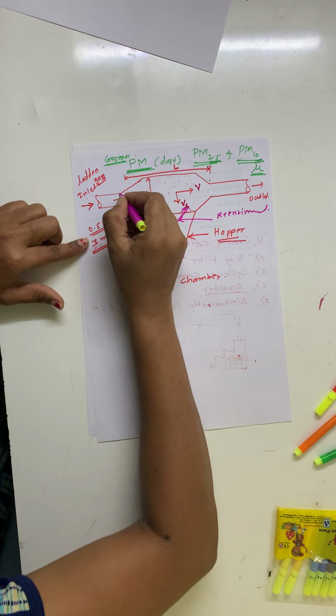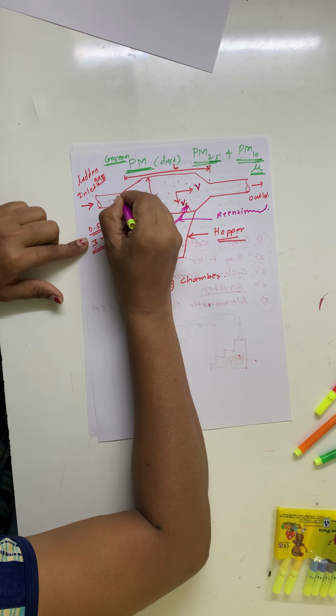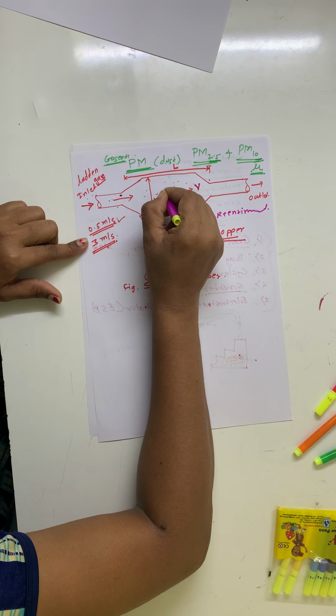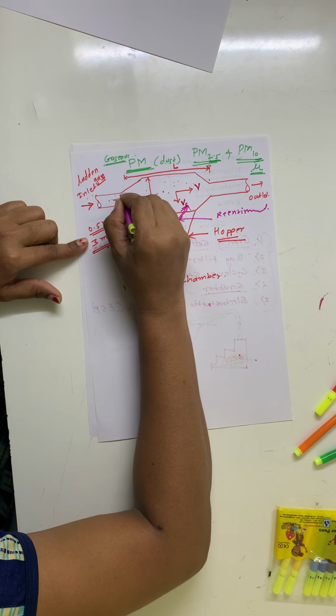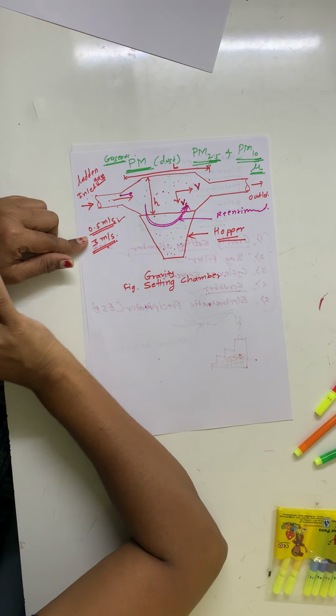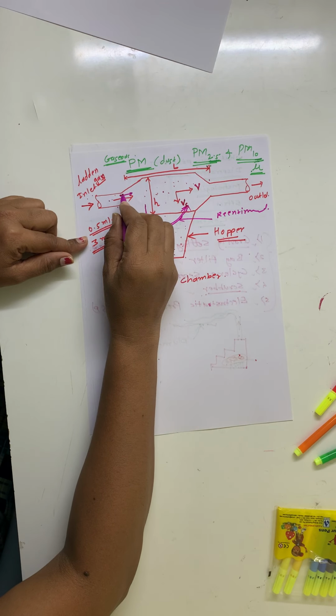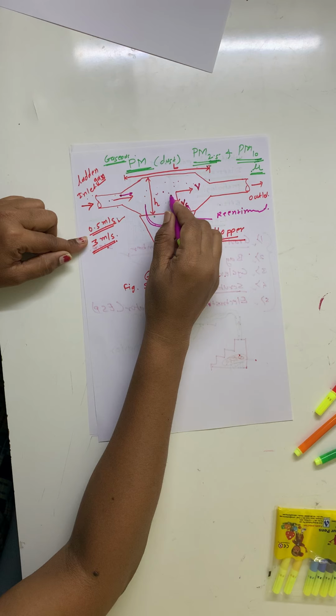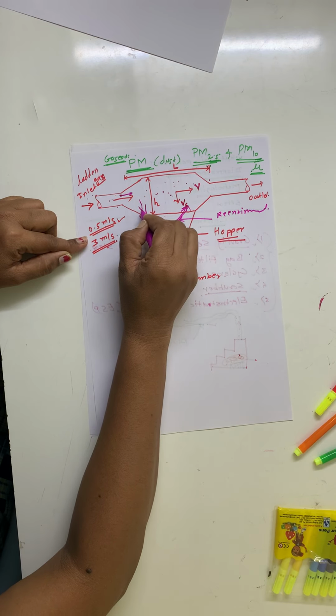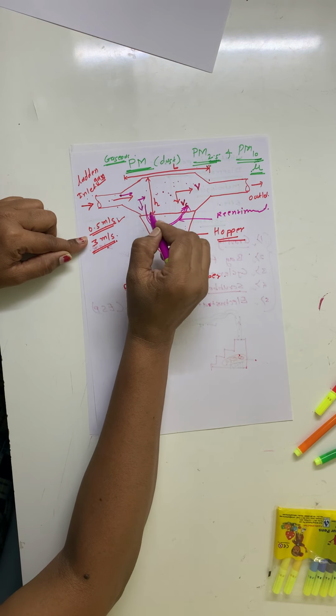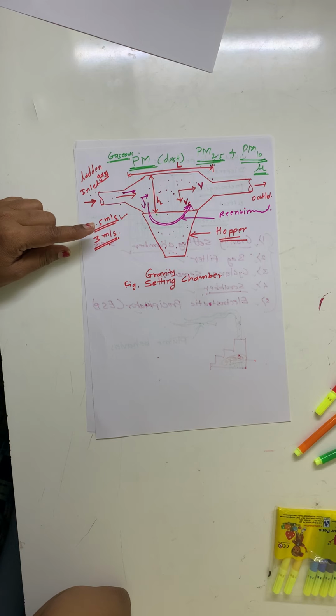The particle which is entering into this chamber is going to settle only when its moving velocity equals the settling velocity. At this stage the particle will settle down.